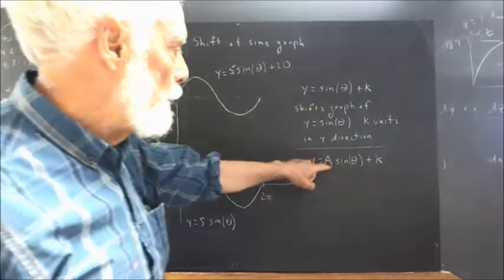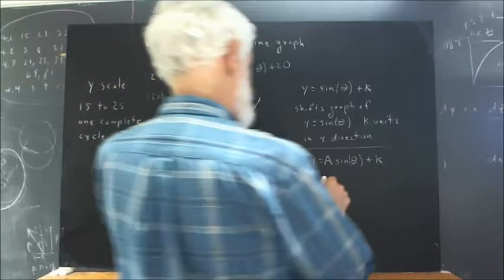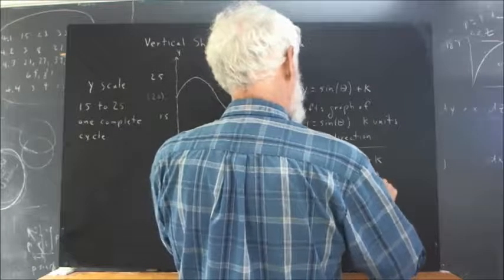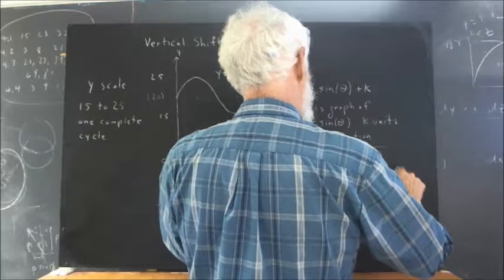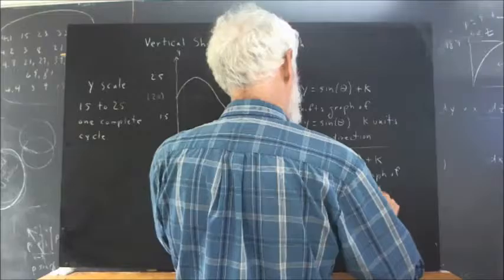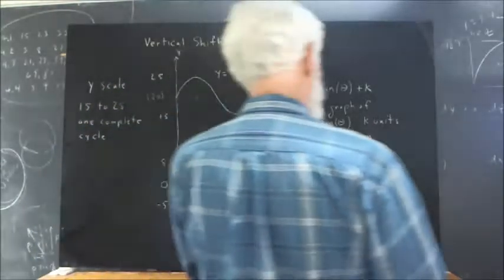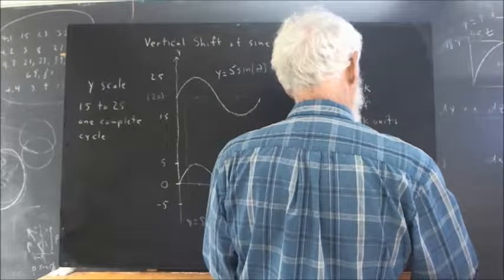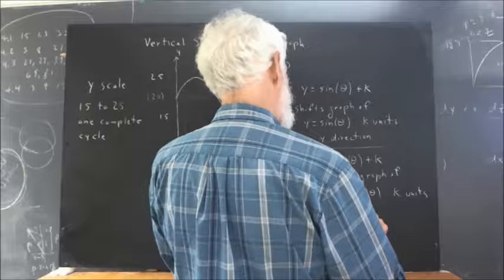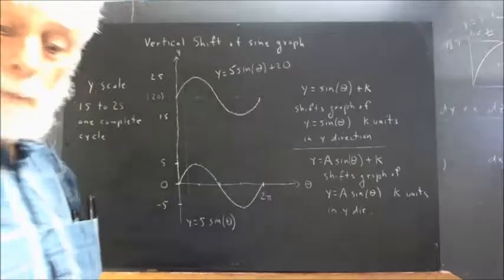If we take the graph of y equals a sine theta plus k, that's going to shift the graph of y equals a sine theta k units in the y direction, just as the case here.